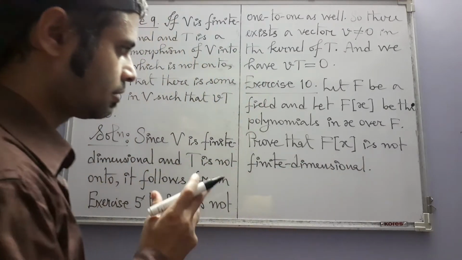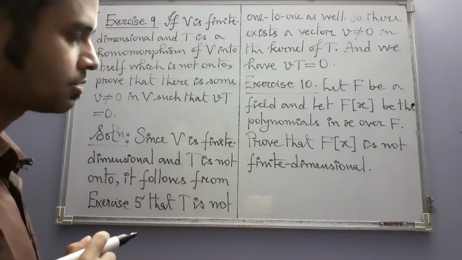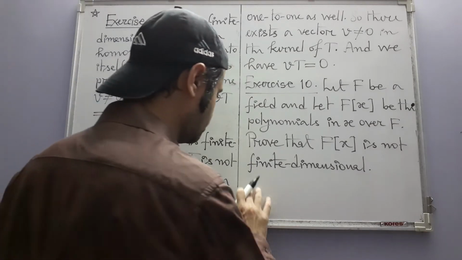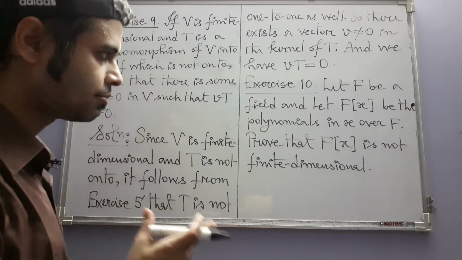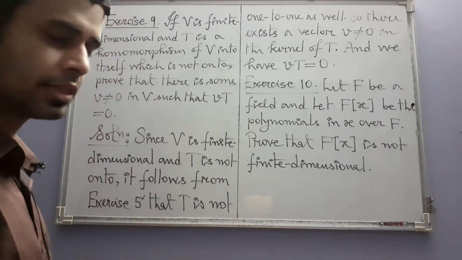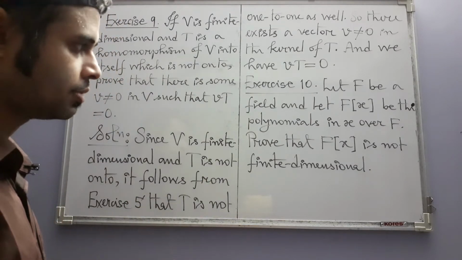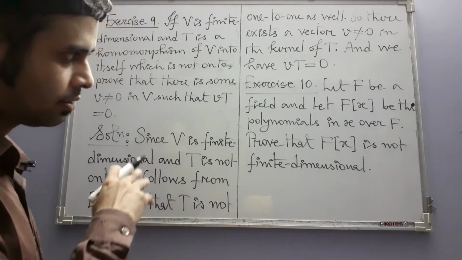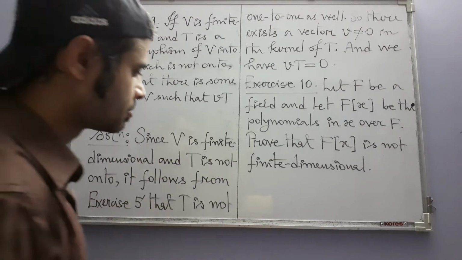That means F[x] cannot have a finite basis over F. No finite set of vectors from F[x], that is no finite set of polynomials, can generate the entire space F[x].